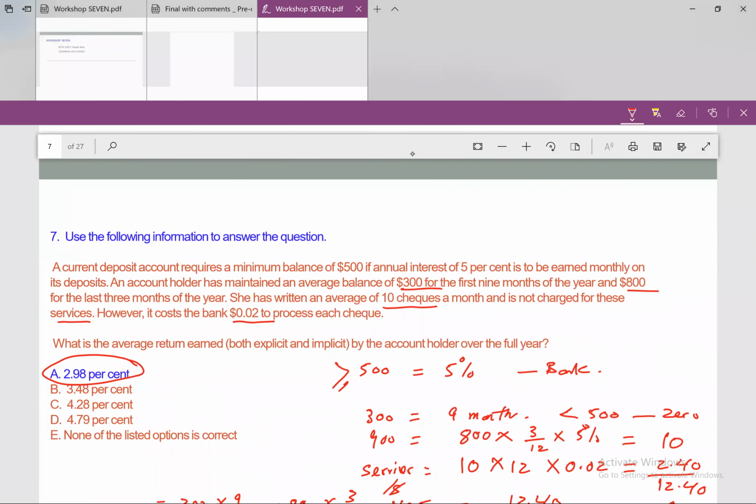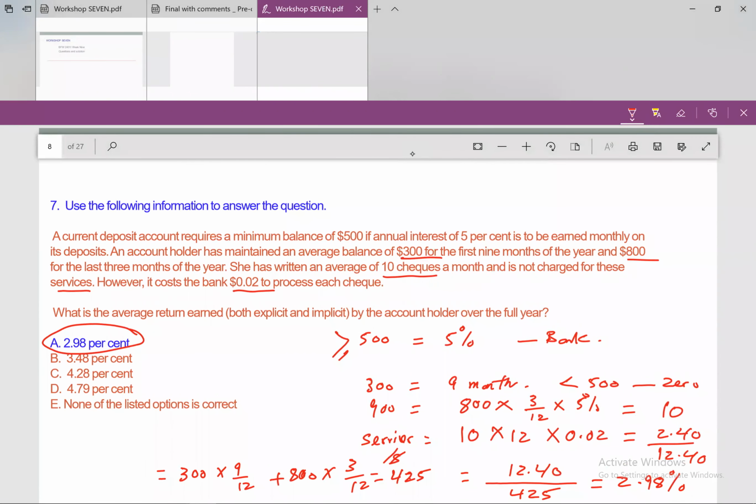Please try it again. 1240. Please guys calculate with us. So you have 240. I got 292.